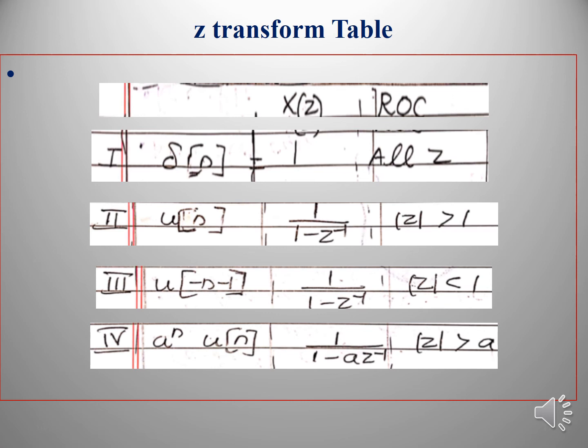We would also consider one more Z transform, which would be an extension of the first one, u of n. Here it is a power n u of n, which will be seen frequently in problems. It is given by 1 divided by 1 minus a z power minus 1, on the condition of the region of convergence similar to u of n, as modulus of z would be greater than a.